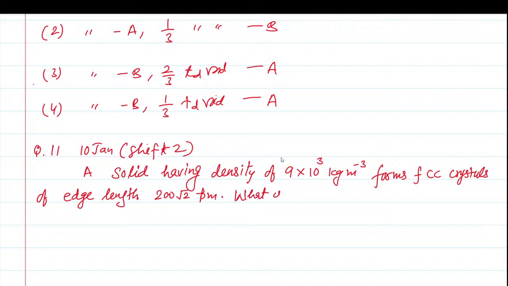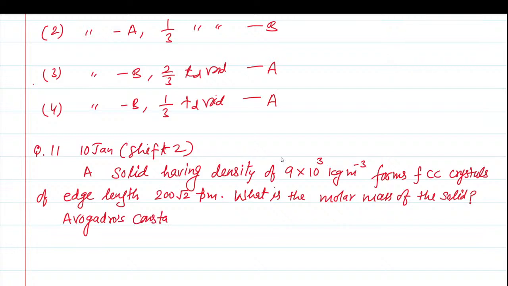What is the molar mass of the solid? Avogadro's constant is 6 into 10 raised to power 23 per mole.